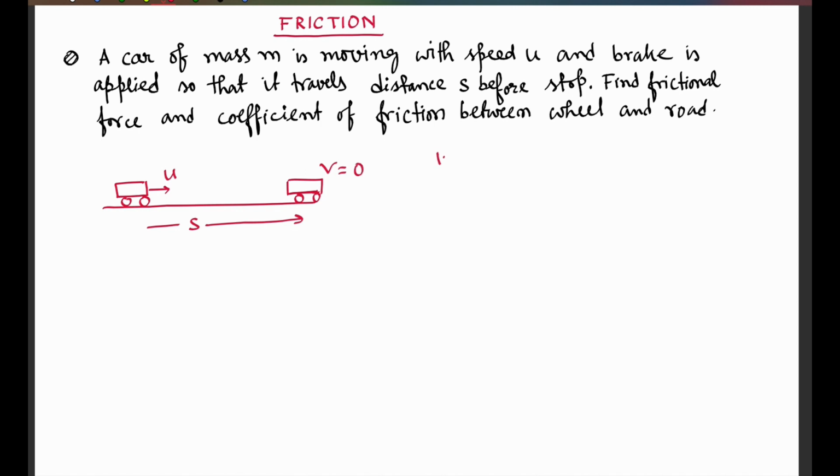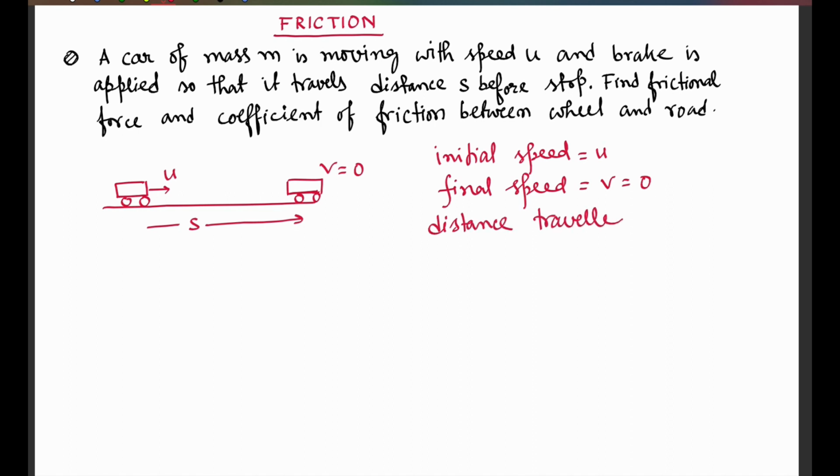So initial speed of the car is equal to u. Final speed is equal to v is equal to 0. And distance travelled is equal to s.